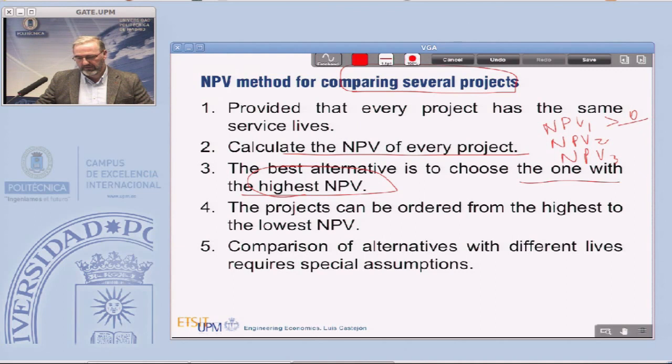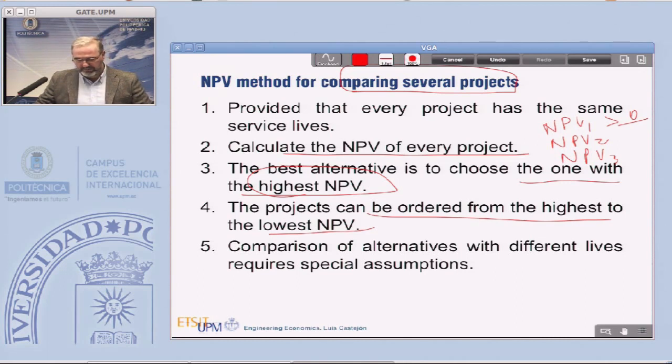I will explain later, but the net present value is the money a company will earn from a project, and what a company has to do is to choose the projects with higher future income. So that's the general rule. The projects can be ordered from the highest to the lowest net present value, and then we will choose the highest.